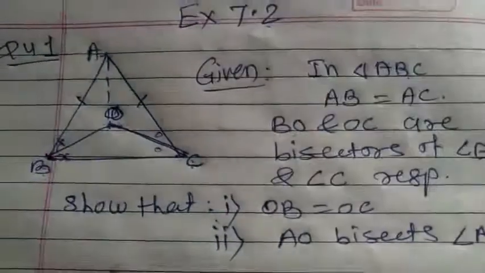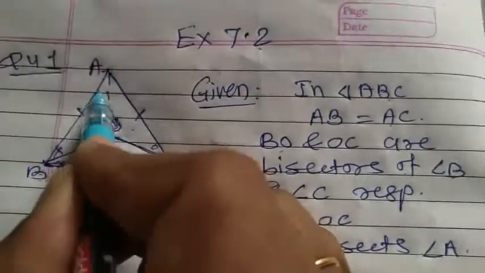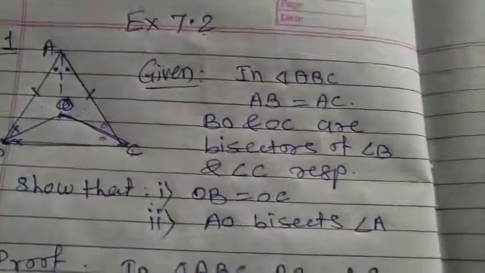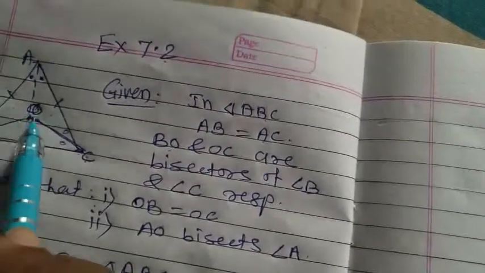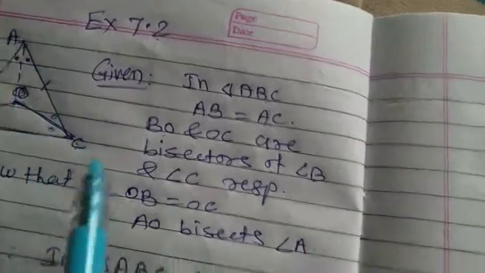And if the triangles are congruent, then the corresponding parts of the triangles are also equal. Means angle OAB is equal to angle OAC.